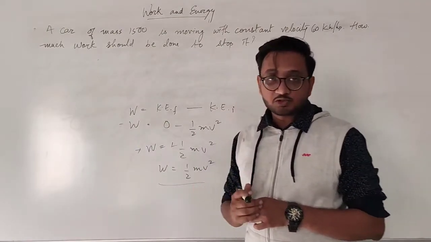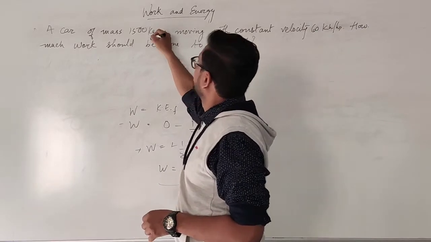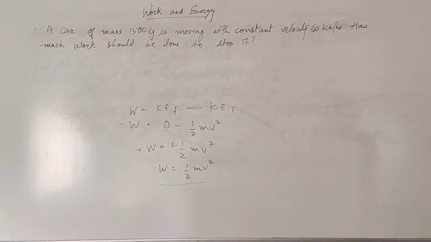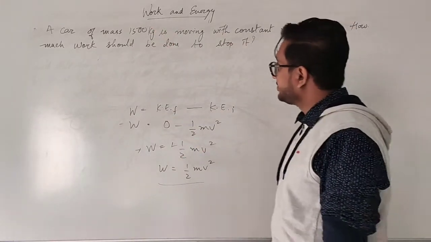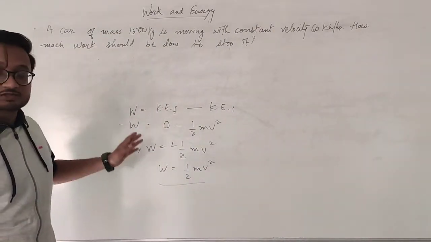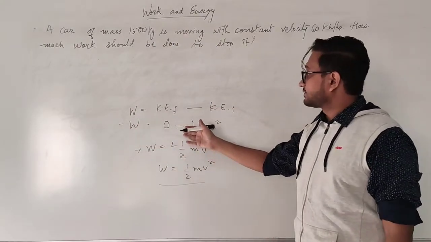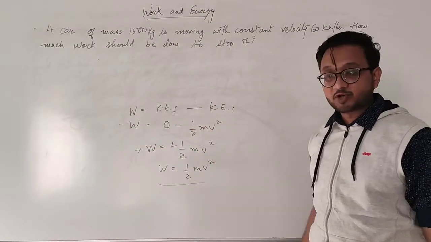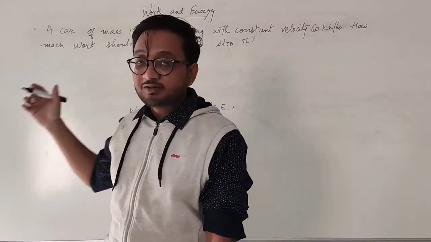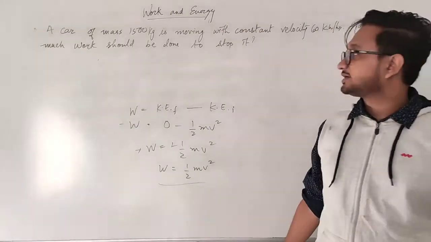Okay, students. So the question is, a car of mass 1500 kilograms is moving with constant velocity 60 kilometers per hour. How much work should be done to stop it? So we know the formula, because obviously once again negative work is to be done. Minus W is equal to final minus initial. The only thing is, first of all, the velocity is in kilometers per hour, so we will have to convert it into meters per second.